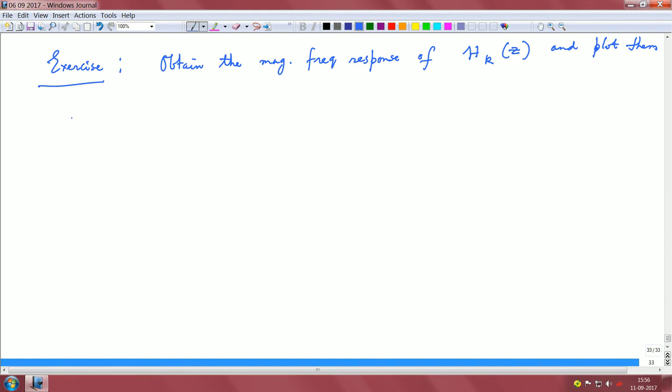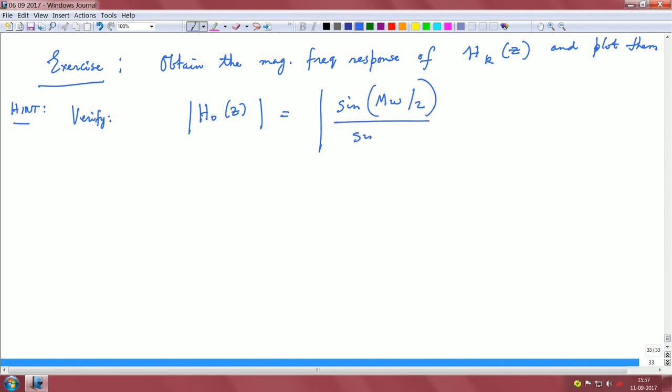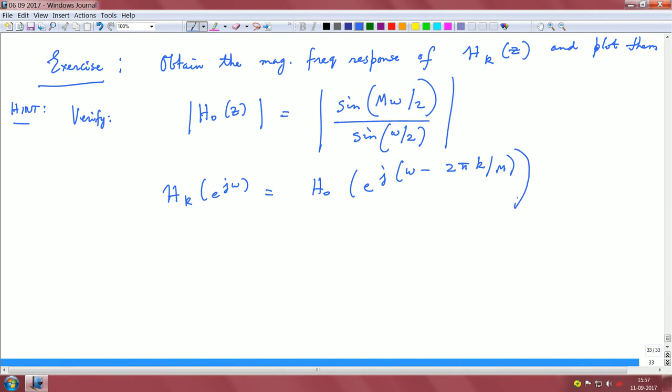So basically you will have to verify that the magnitude of H naught of Z is mod sine m omega upon 2 divided by sine omega upon 2, and H K of e to the j omega is basically frequency translates, which are uniform shifts of 2 pi k upon m for each of the values of k.